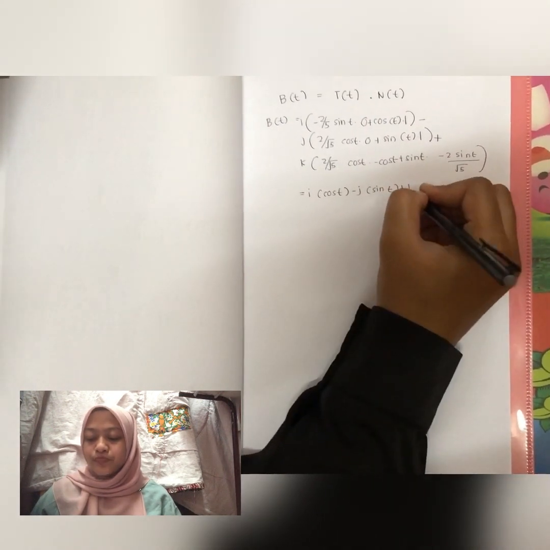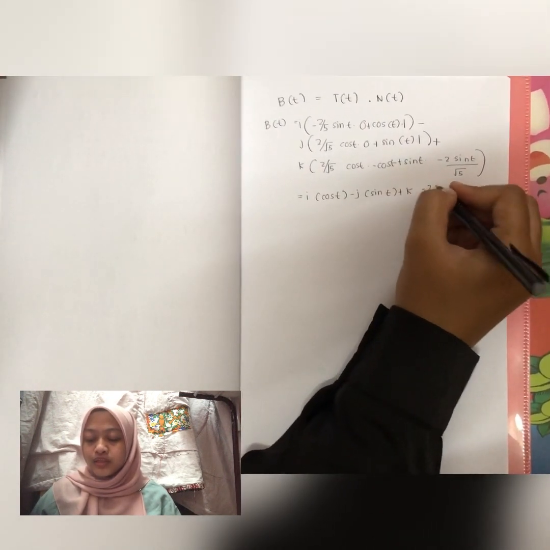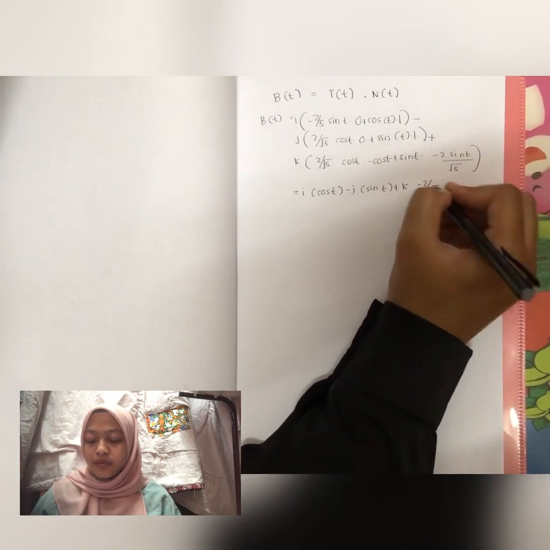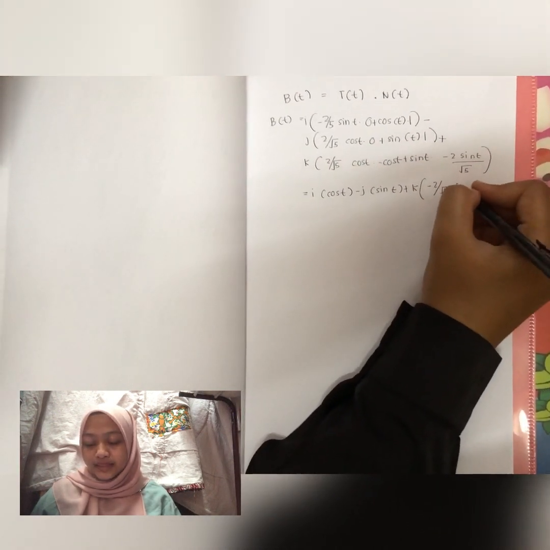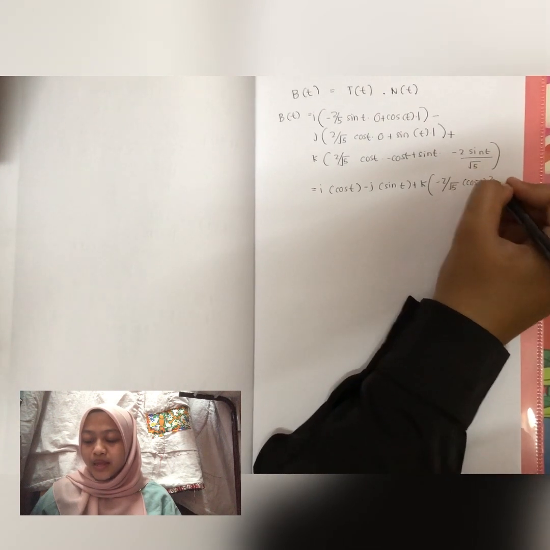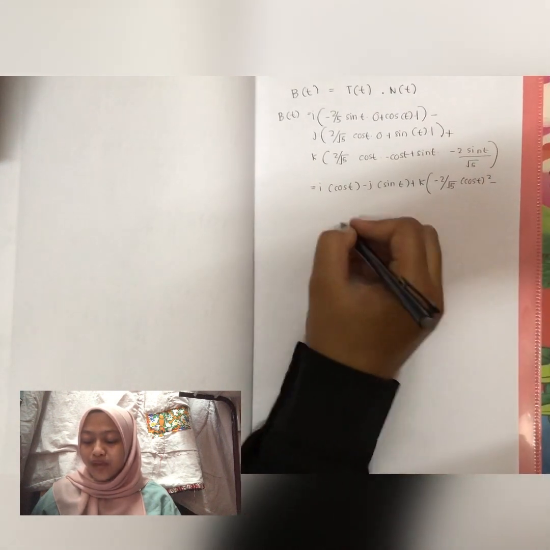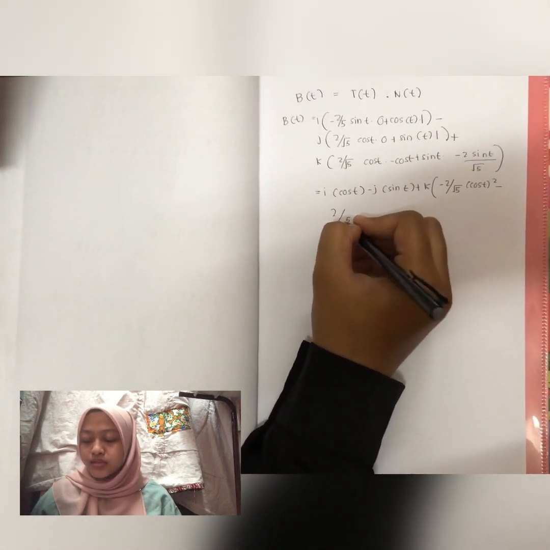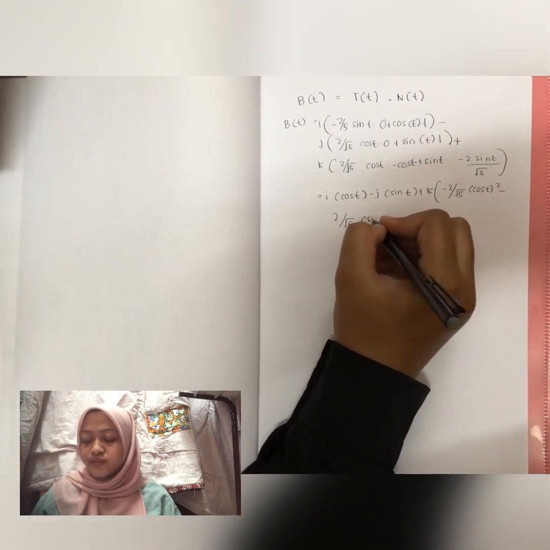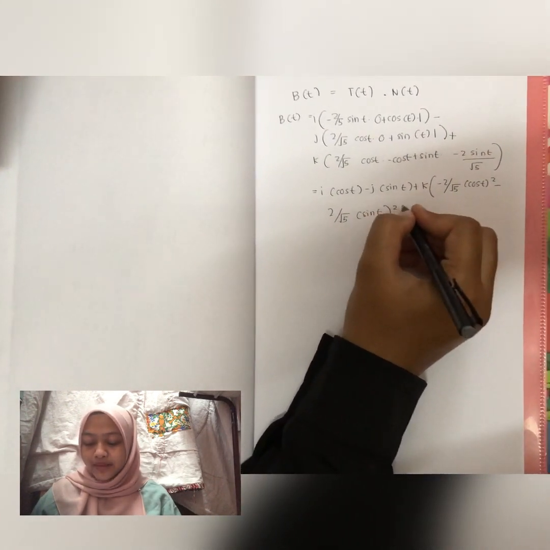So, solve the above equation. We got i times cos t minus j times sin t plus k times (negative 2 over square root of 5 cos squared t minus 2 over square root 5 sin squared t).